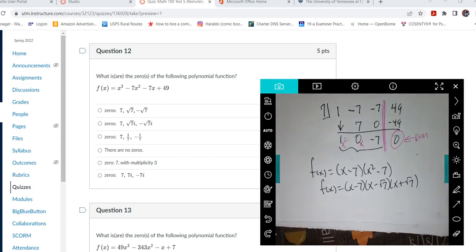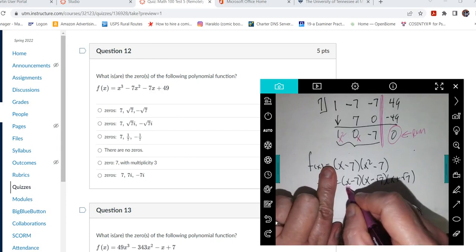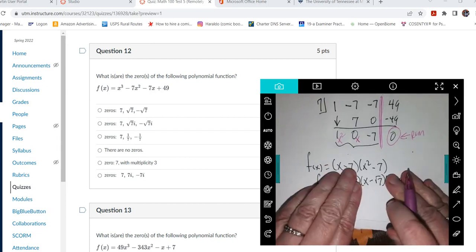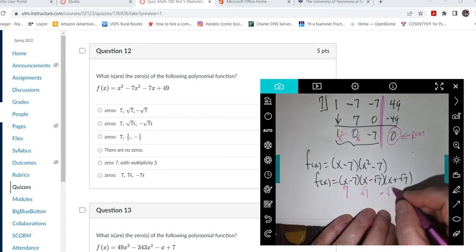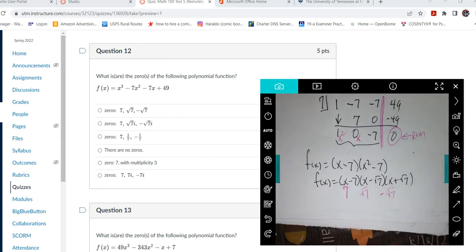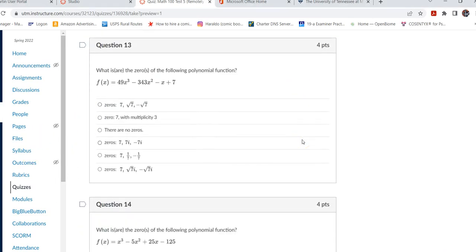So what are the zeros? The zeros are 7. If x is the square root of 7, that'll make the whole thing 0. And if x is the negative square root of 7. And so that first one is correct.